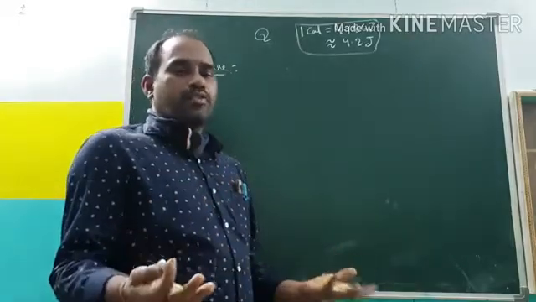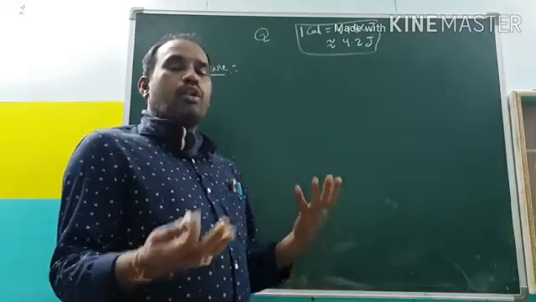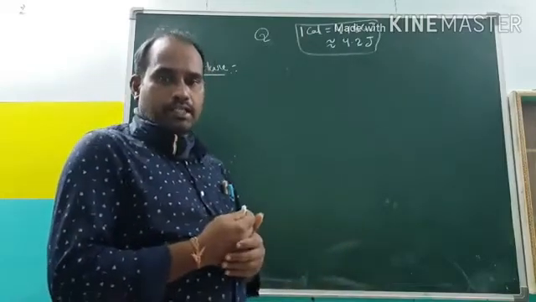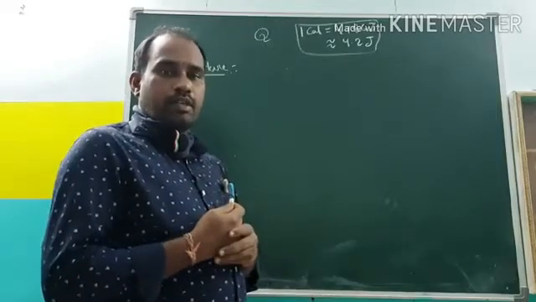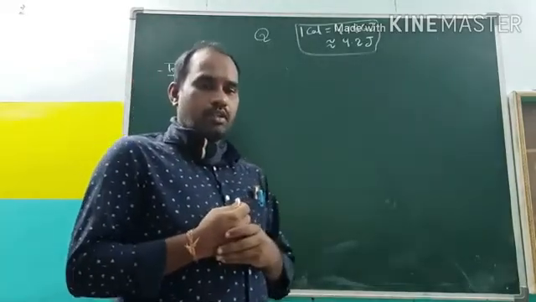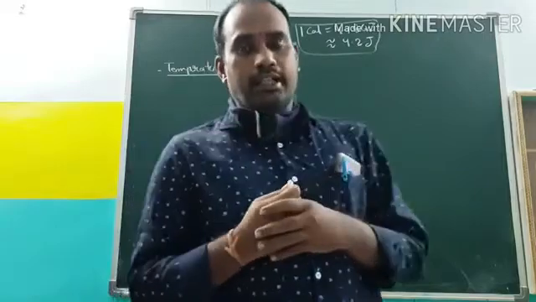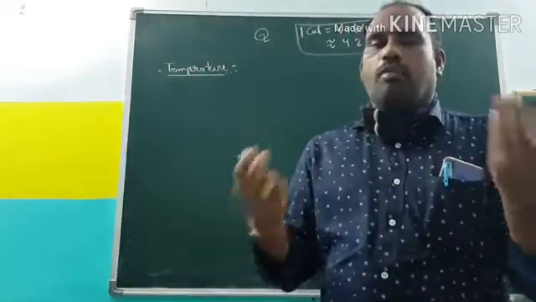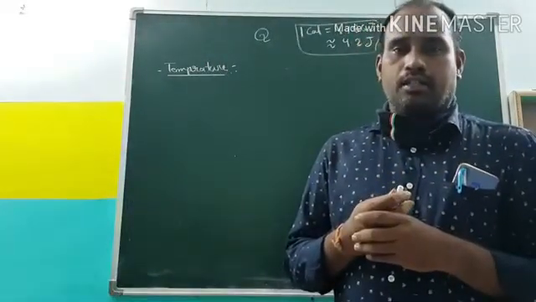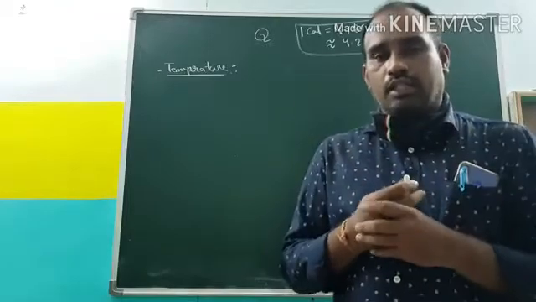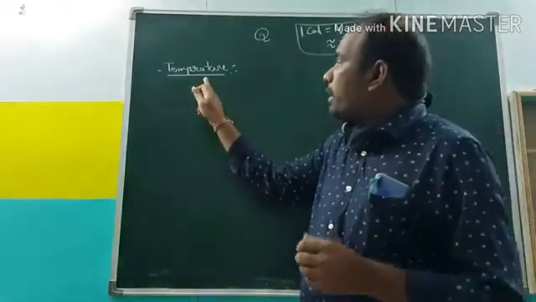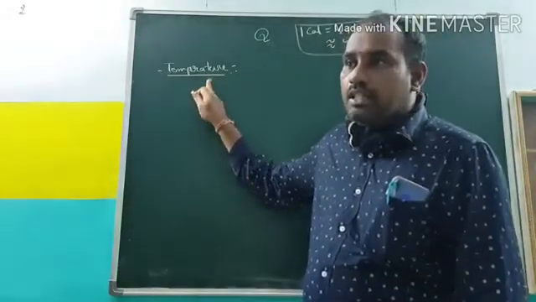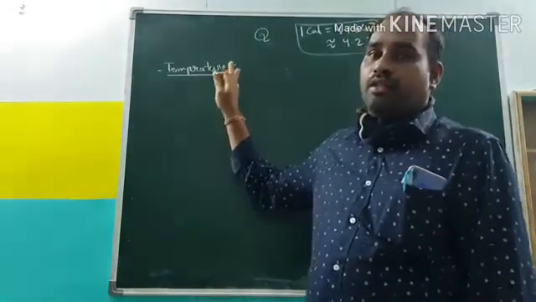We had no specified formula when heat energy was introduced. That's why scientists thought about how to find heat energy. We had no formula for heat energy in the old days. Then scientists introduced a fundamental physical quantity. What is that? Temperature is a fundamental physical quantity.